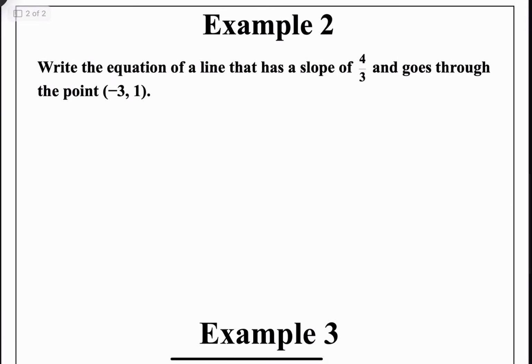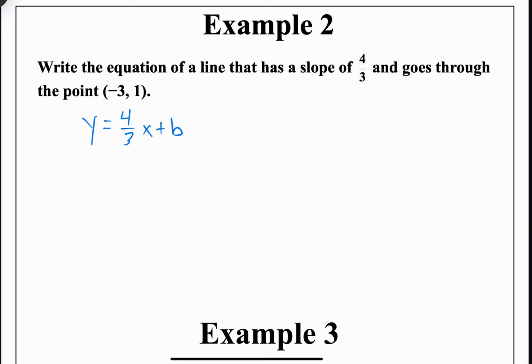All right, example 2, write the equation of a line that has a slope of 4/3 and goes through the point -3, 1. So we can start off by writing our formula, our slope-intercept form, with our slope. So we have y equals 4/3 x plus b.